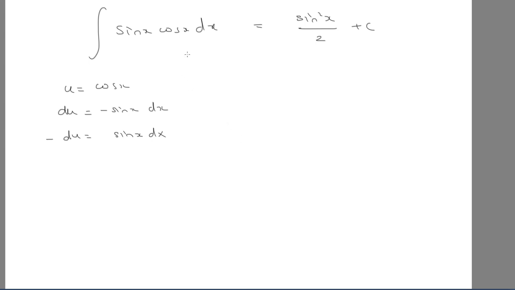So this whole thing can be integration of u here, and sine x dx is nothing more than negative du. So that's a du here with a negative sign there. So this becomes negative u squared over 2 plus c, and that's equal to negative cosine squared x over 2 plus c. Is that right?